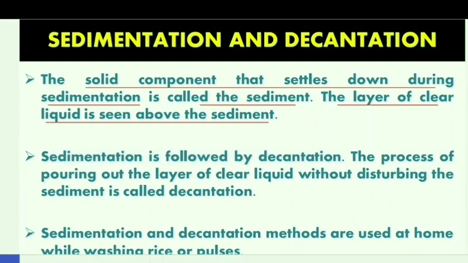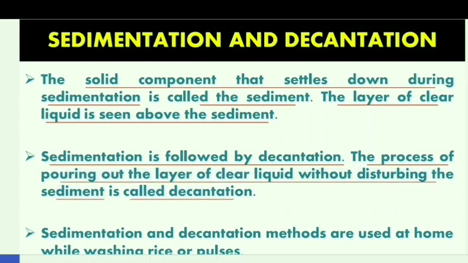Sedimentation is followed by decantation. That means after sedimentation, decantation is done. The process of pouring out the layer of clear liquid without disturbing the sediment is called decantation. For example, sedimentation and decantation methods are used at home while washing rice or pulses.